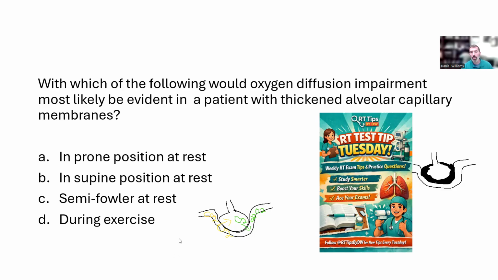So we do know that not only does alveolar capillary membrane thickness play a role, pressure gradients will play a role with the ability of the gases to diffuse as well, and membrane surface area is going to play a role. And if you understand Fick's law of diffusion, you know that all three of those components are factored into that.